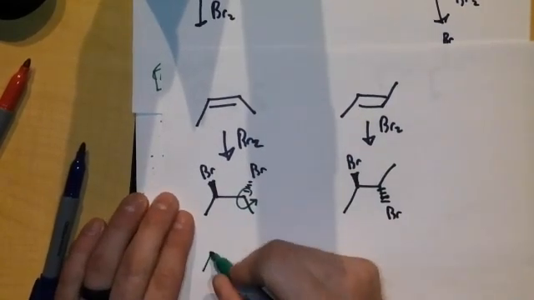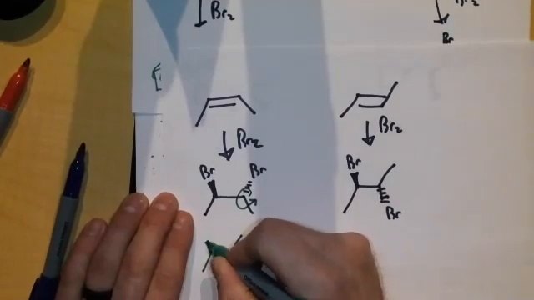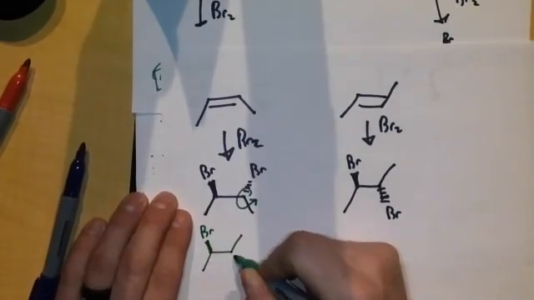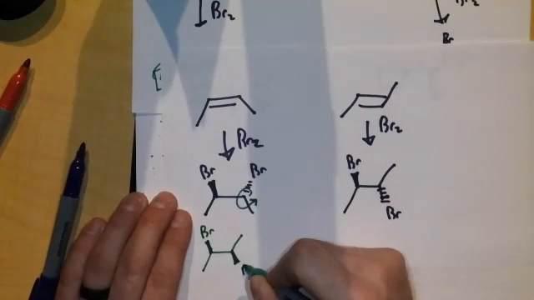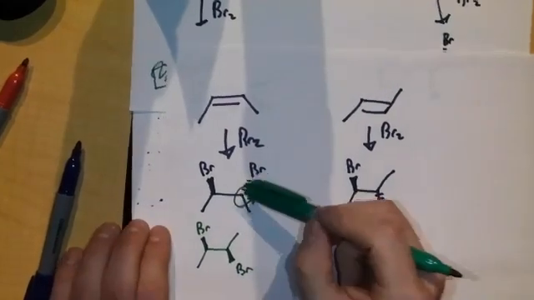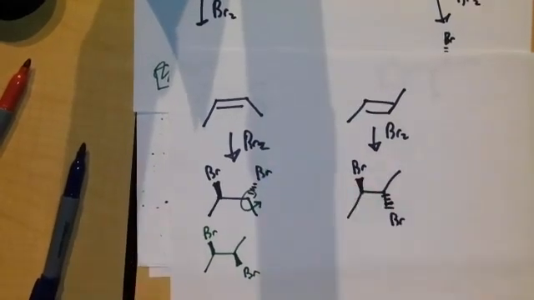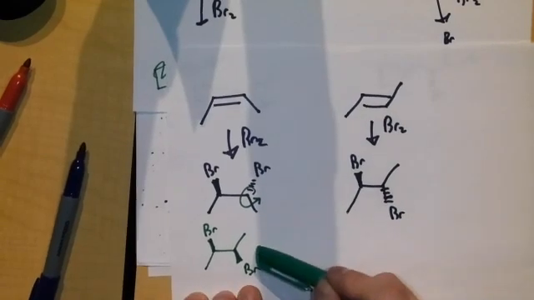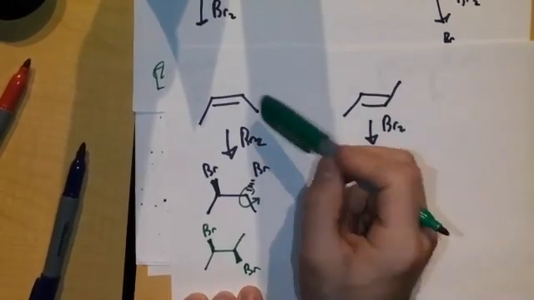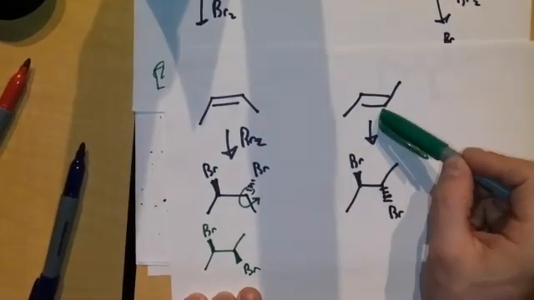So that would give you this, because when you rotate this, this one's going to get shifted to the front. You're just spinning it around that axis. But this is actually how you make syn Brs versus anti Brs. You just take a cis double bond versus a trans double bond.